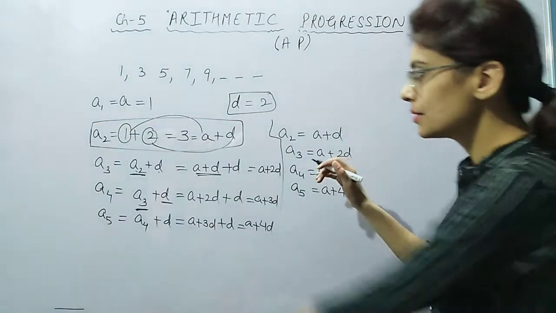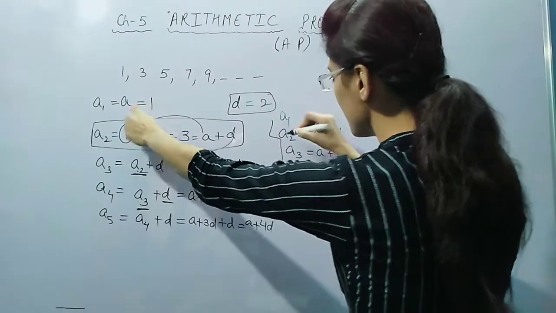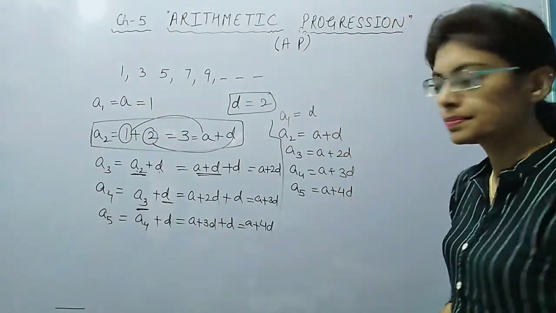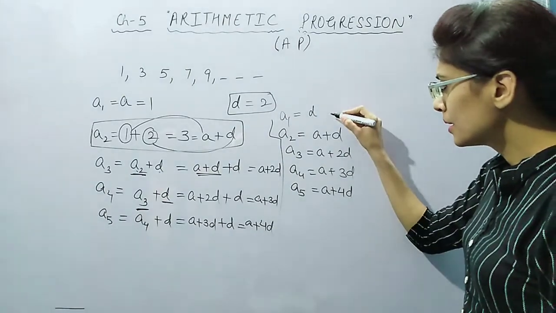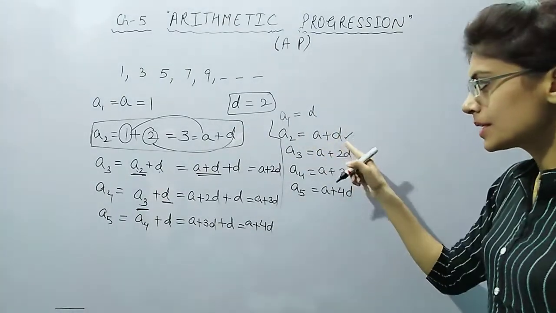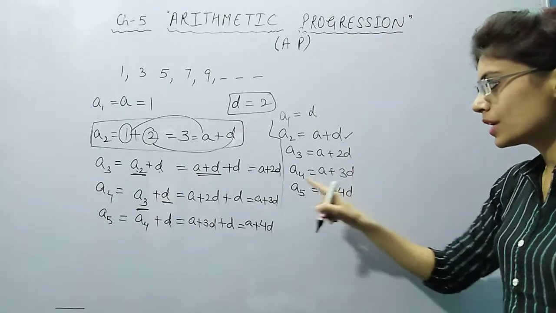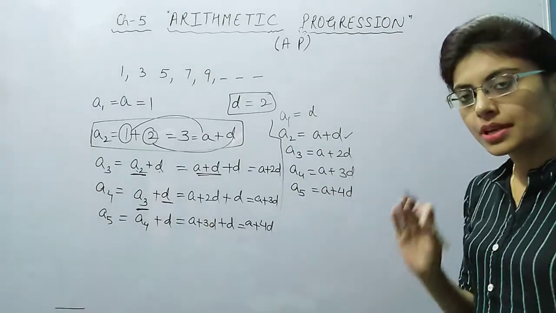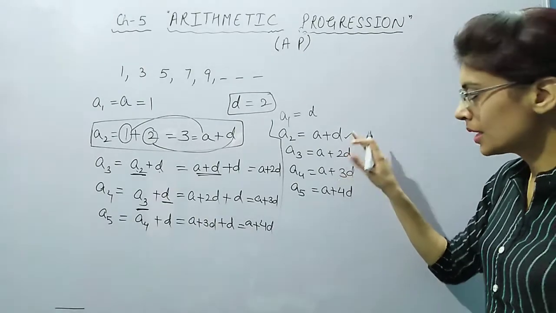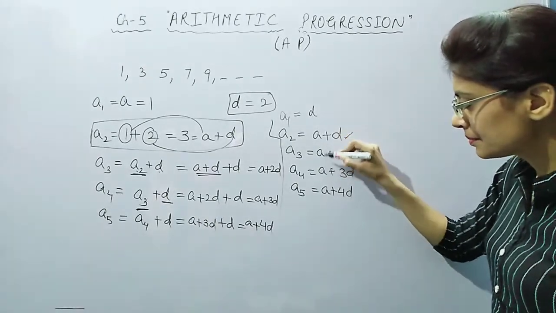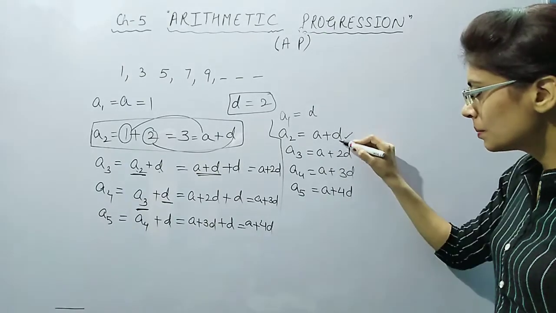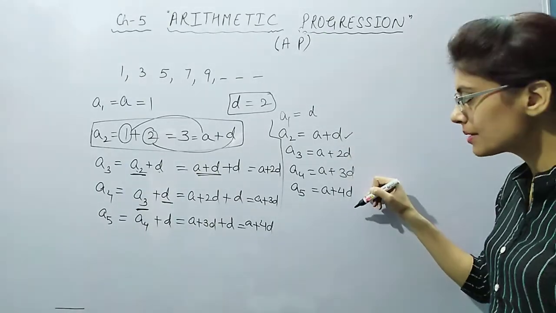Here I can see the first term, a1. Now a2 is written as a plus d, a3 is written as a plus 2d, a4 as a plus 3d, and so on. Observe this pattern carefully. a is the same everywhere, written as it is, with a plus everywhere.